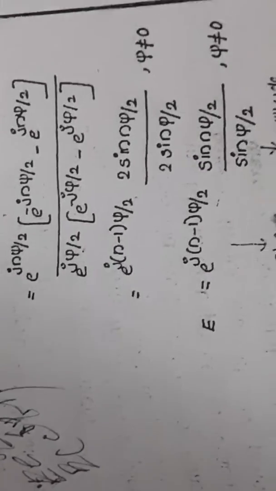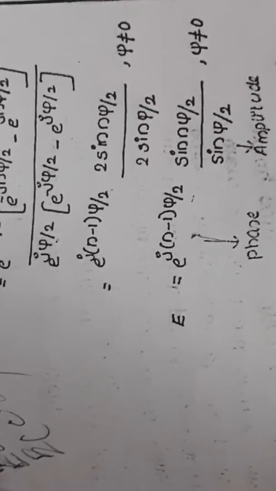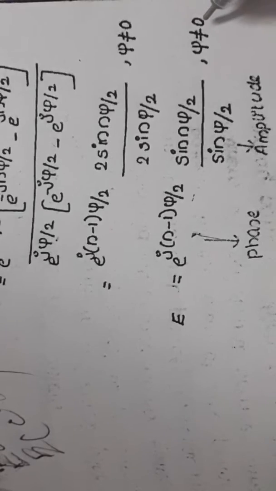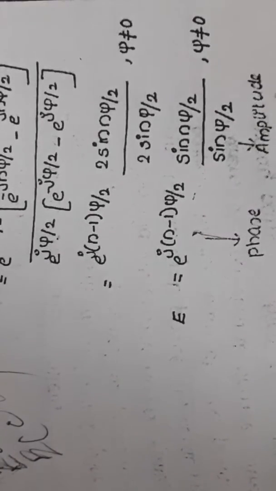Out of this, which one is related to the phase? It is related to the amplitude, where ψ is not equal to 0. Only this condition. This is the phase and amplitude response of the n element array.